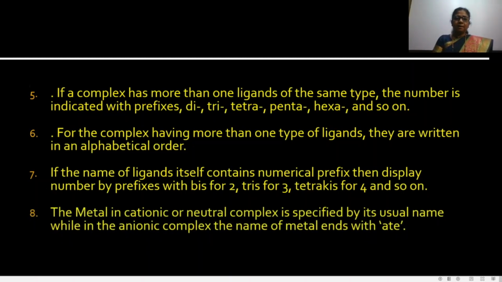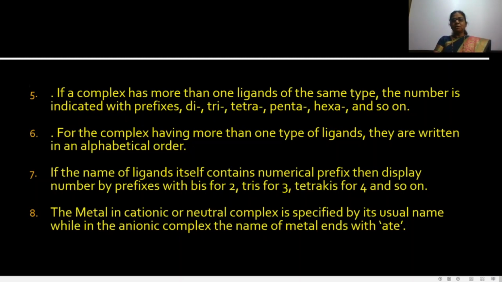The metal in a cationic or neutral complex is specified by its usual name, while in an anionic complex, the name of the metal ends with ATE.